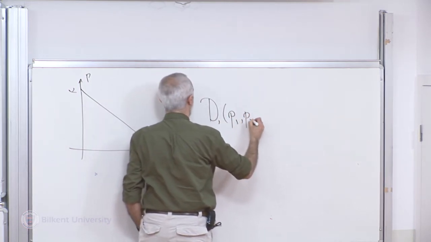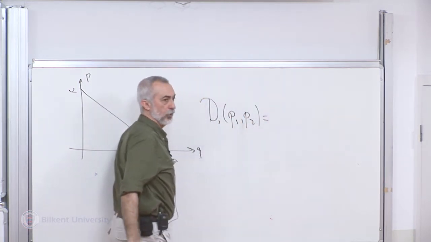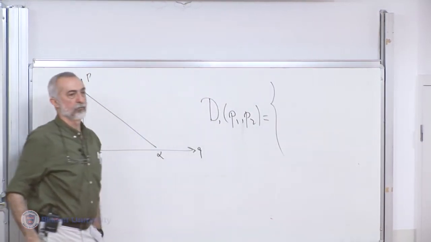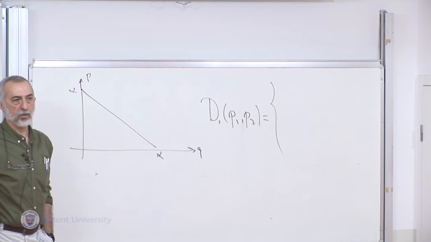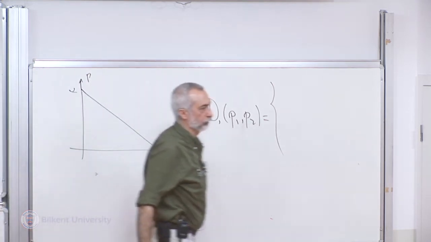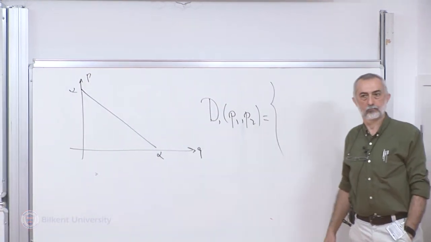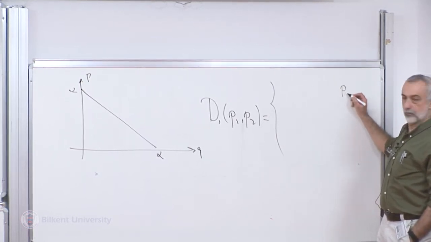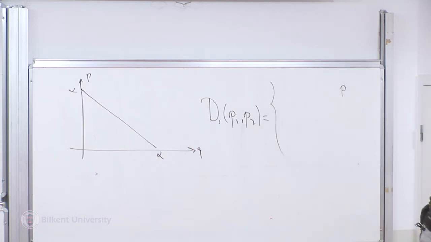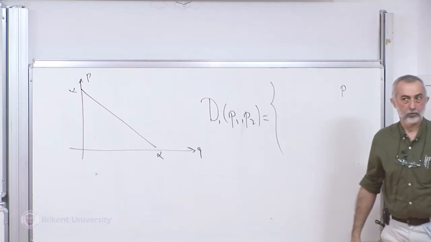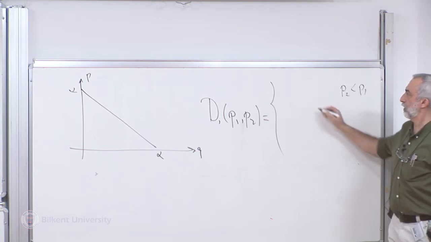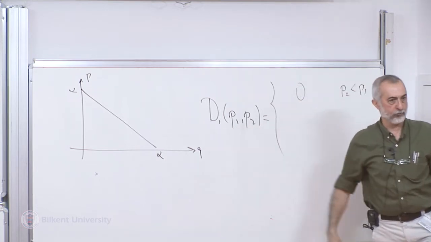If p_2 is smaller than p_1, nobody will demand the output of firm 1.